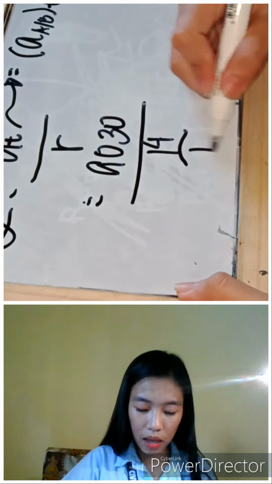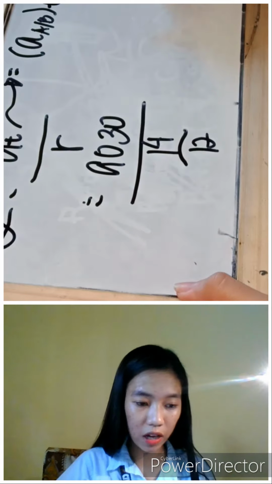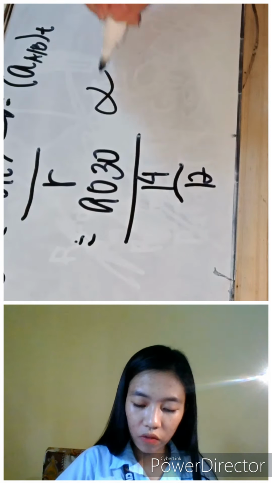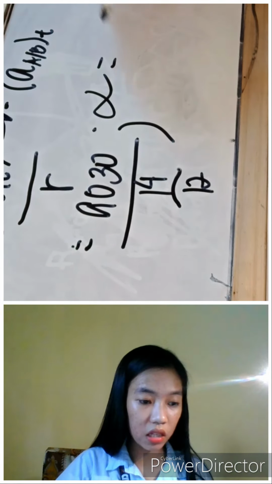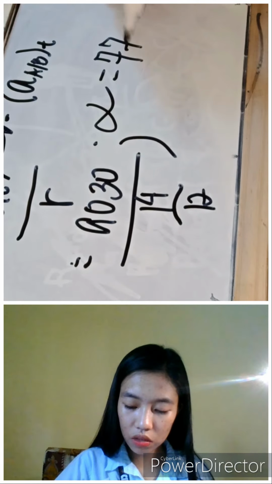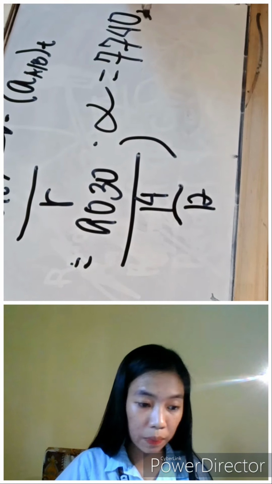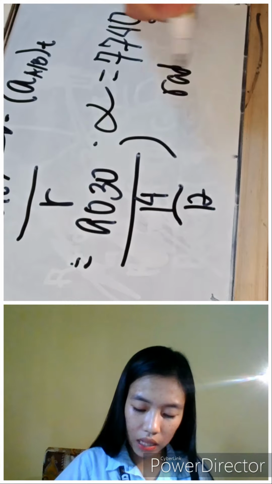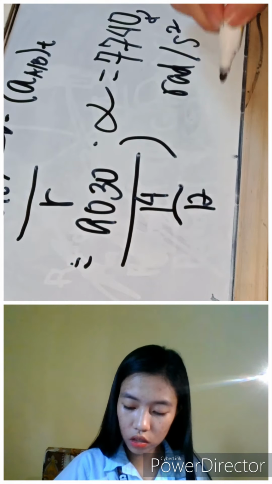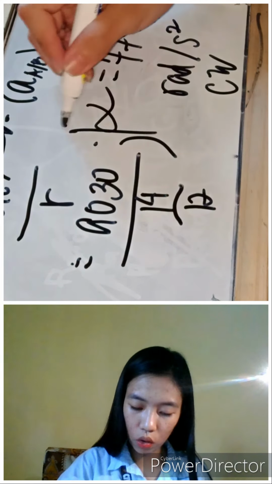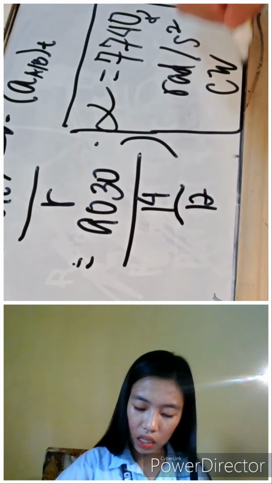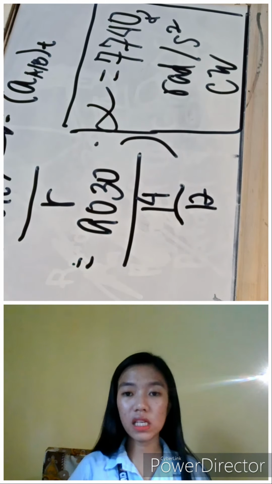Let's convert it to feet, so we divide it by 12. So, the value of our angular acceleration is equal to 7,740 rad per second squared clockwise. So, here is our final answer for this problem.